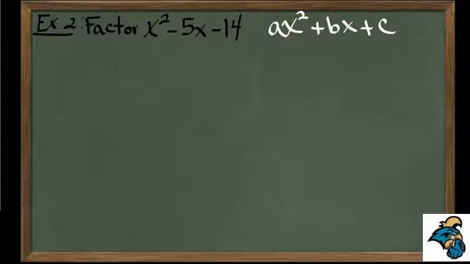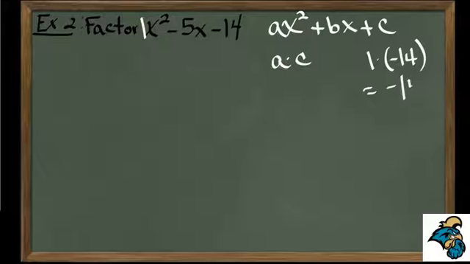First, you need to know that trinomials are of a certain form. That form is ax squared plus bx plus c. The a, the b, and the c are the coefficients. Now, knowing that, the first step for factoring a trinomial is to multiply a and c, so a times c.